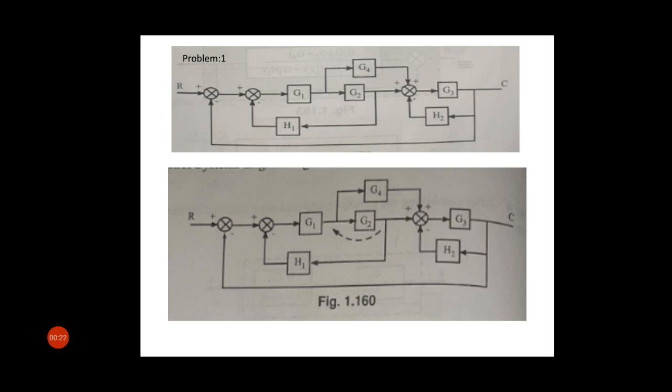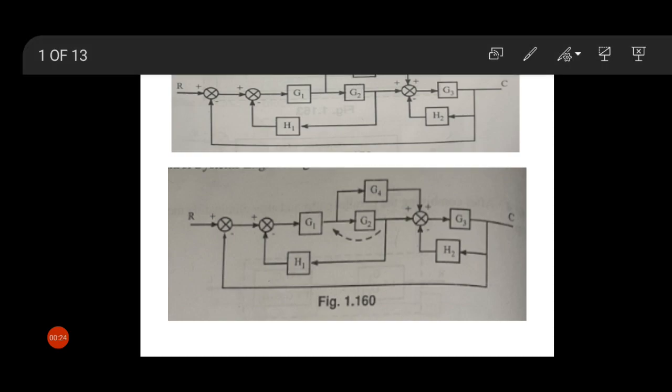So this is our first problem. In the first step, we move this take off point to the left of the block G2, and split this 3 input summing point into 2 input summing point.